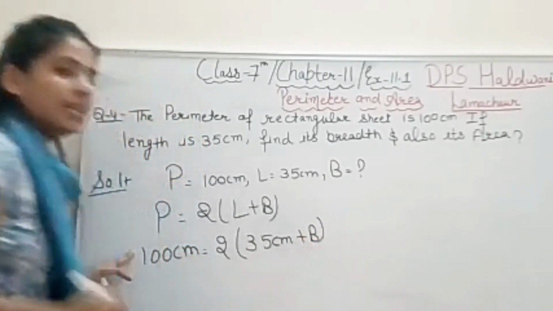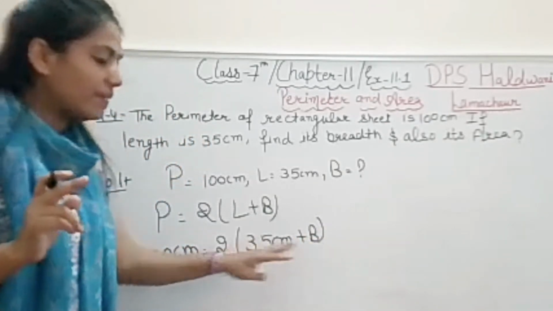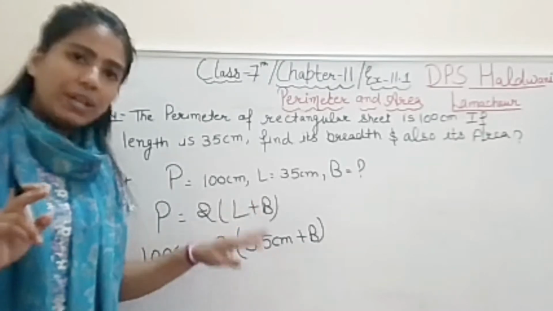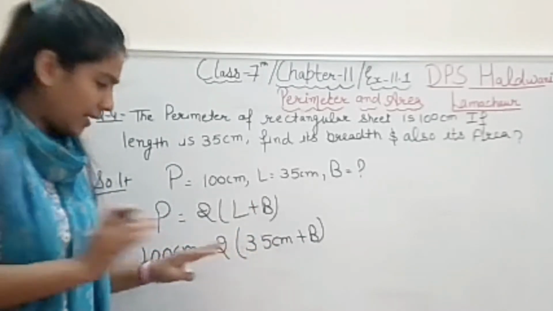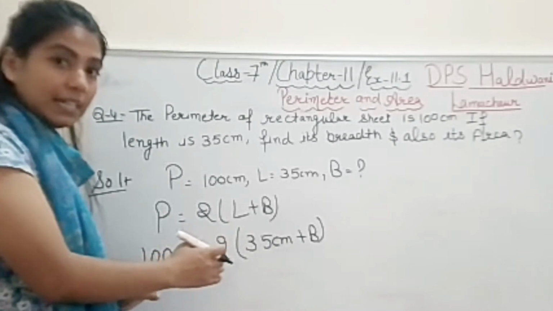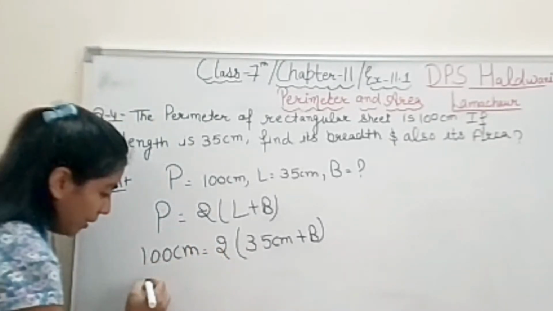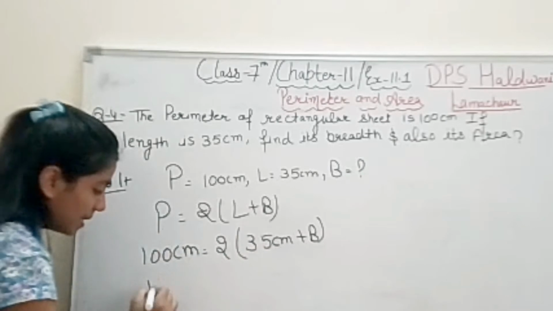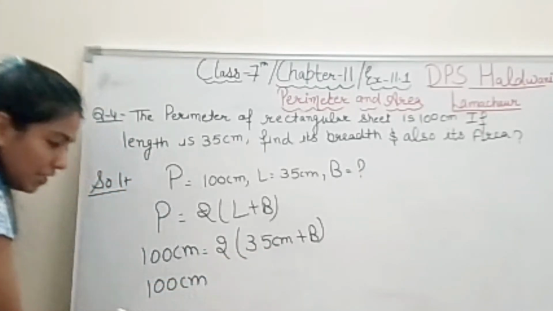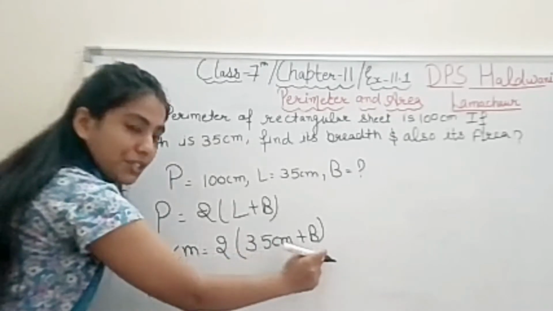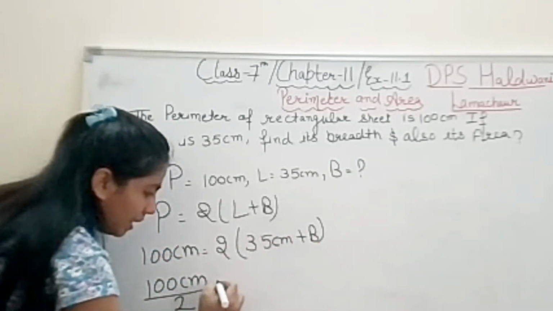Now students have problems solving this type of equation. We have done the chapter in which we solve the terms in linear equation in one variable. Right? So student, whenever we have such a term, see 100 centimeter, here is 2. First of all, shift that 2 to that side. It is in multiplication, so here it will come with division.